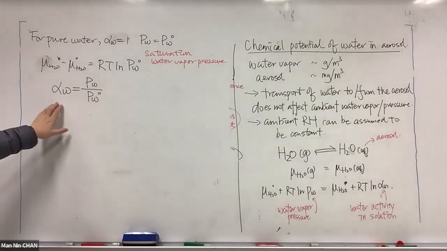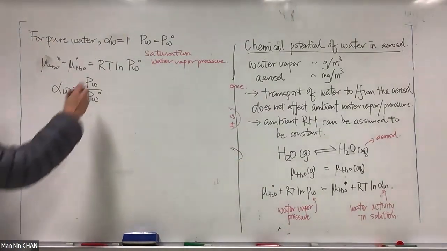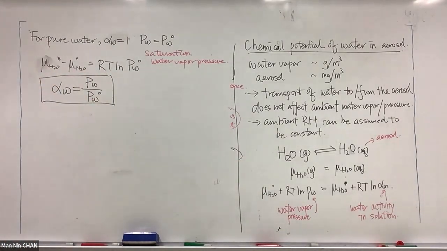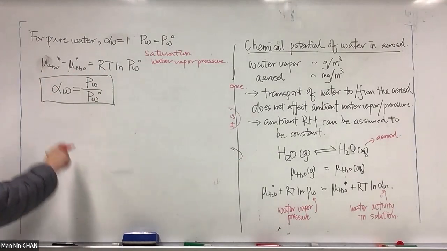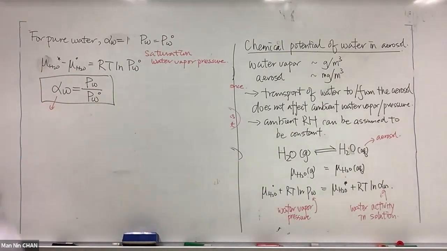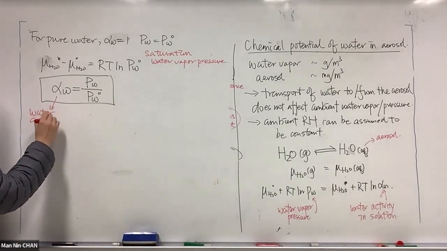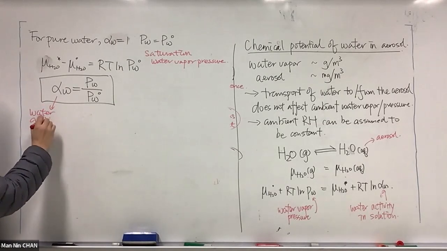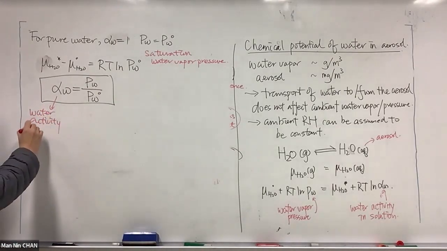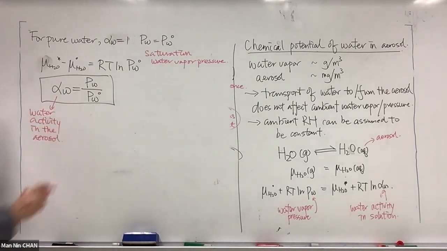So if I substitute this back to here, you get this term. What does that mean? Again, this is the water activity in the aerosol phase, the water activity of the aerosol or aqueous solution.